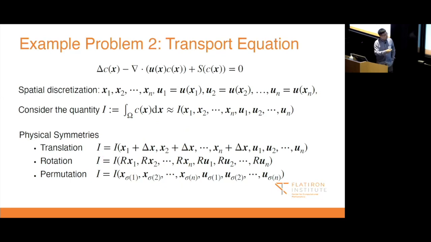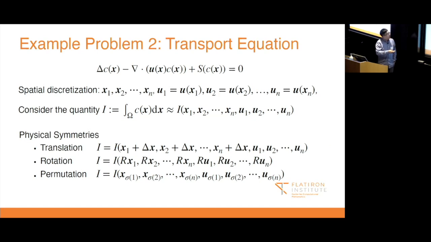And this integral quantity is indifferent to the index of the spatial grids, so if you permute the index simultaneously for x and u, you should get the same quantity I. So you can see both the potential function E and the quantity I possess the same symmetries.